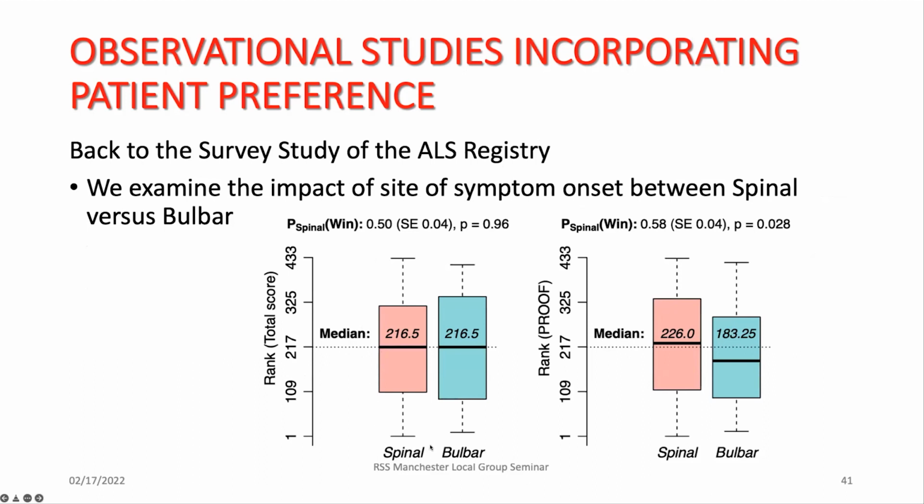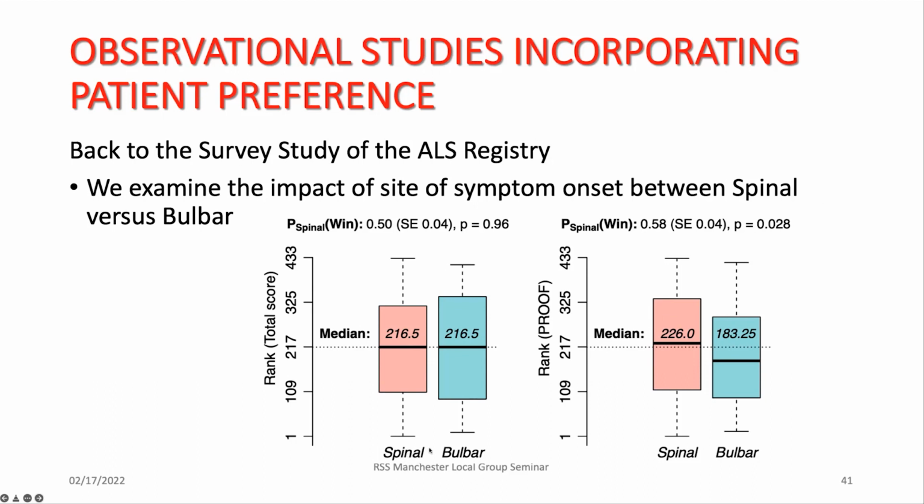When the ALS patient's disease onset is bulbar, which means the respiratory or the eating area was the first one that they noticed, versus the rest, which can be leg, spine, or arm.